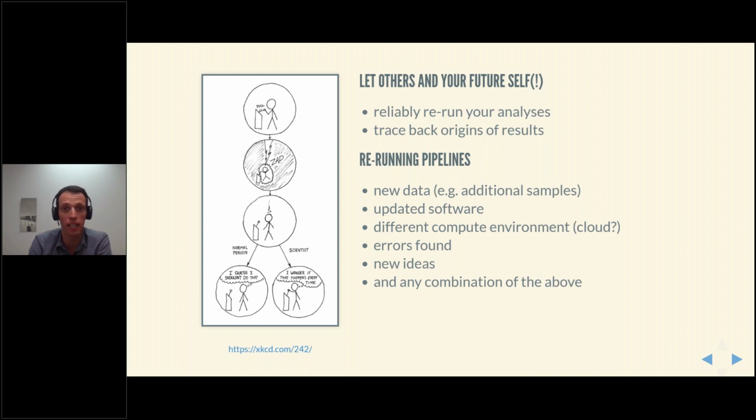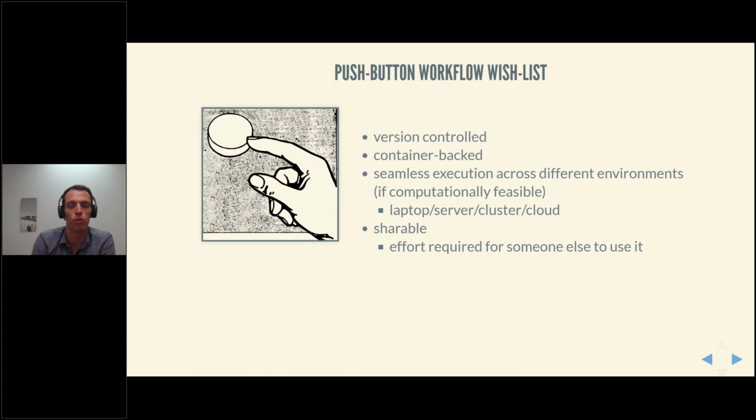You may come up with new ideas and test them quickly without re-implementing a lot of code. You might also need to switch to a different compute environment, perhaps because your local server or cluster is not able to scale to the needs of your new data.